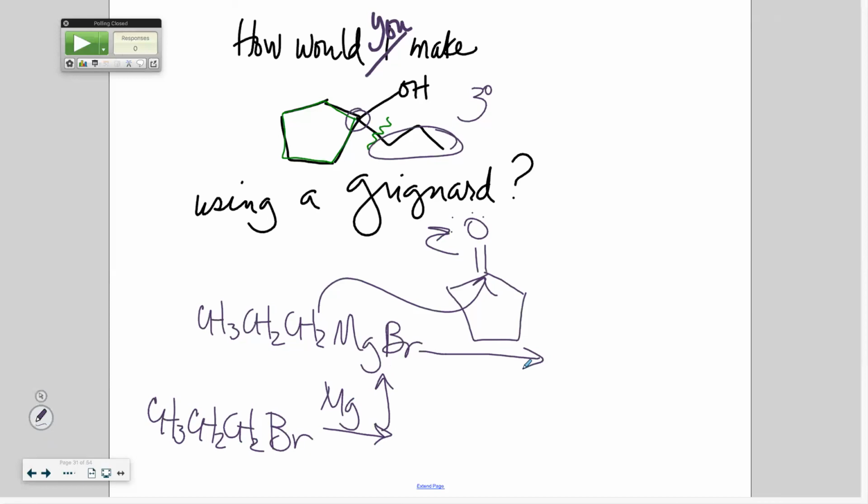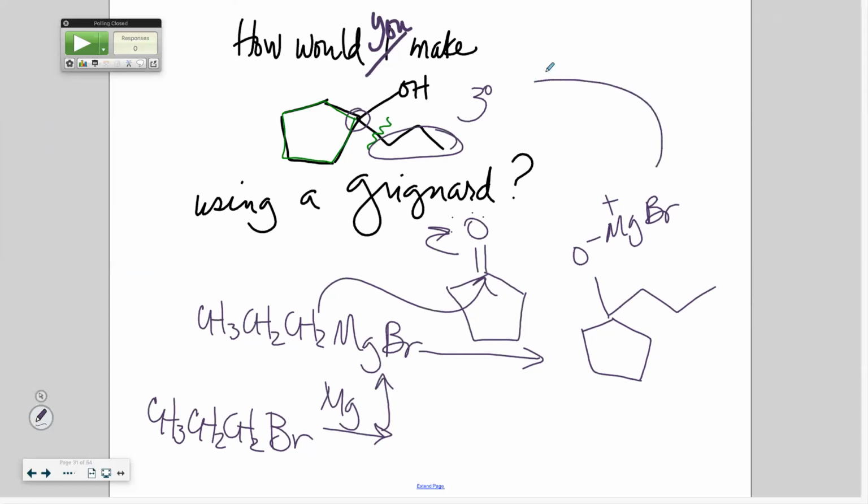The carbonyl compound. And what does that give you? That gives you that, right? And then what's the last step? Add acid. So what should I write on my arrow? Okay, it might be sulfuric acid.